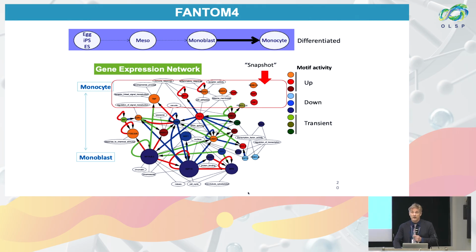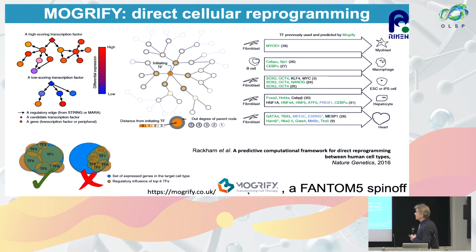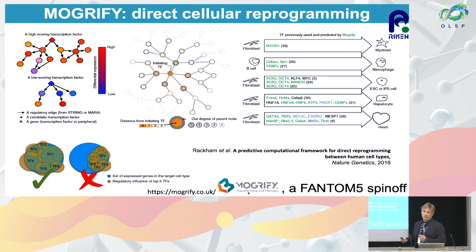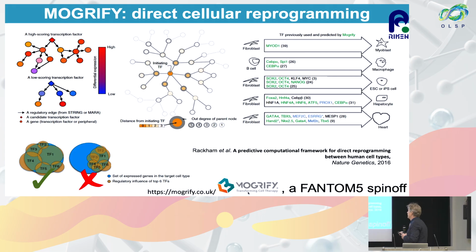So why, again, is it important to have open science? Because, for instance, here a group of colleagues, mostly from the UK, reused this kind of network and then developed a method called Mogrify, published in Nature Genetics 2016, but they also started a company.